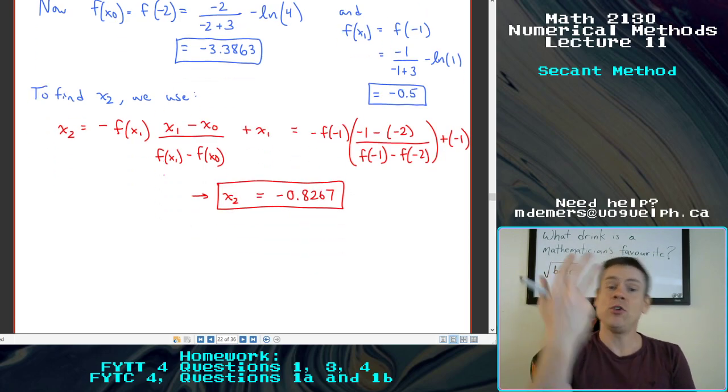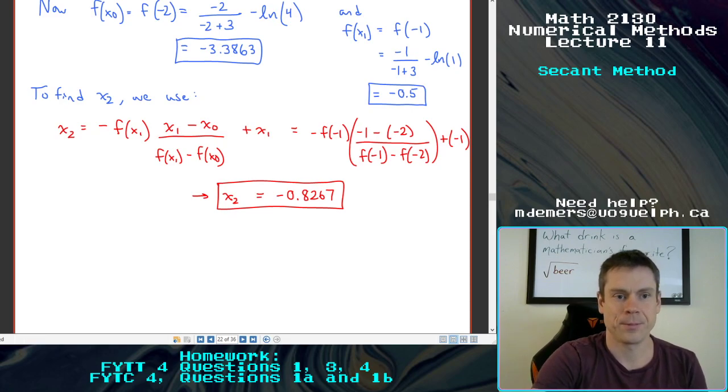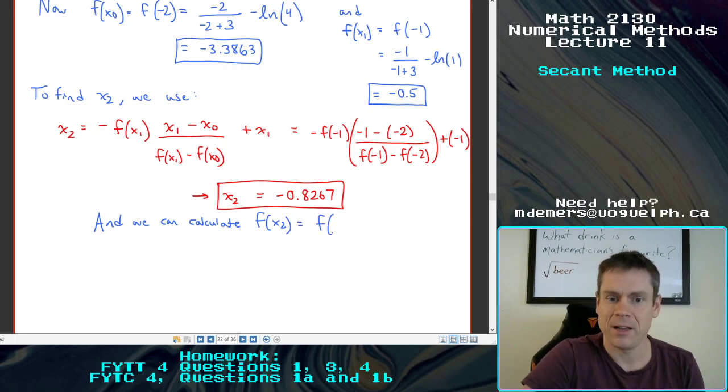And to do one more iteration, we're going to need f of this. So we can calculate f of x2. So f of that negative 0.8267.